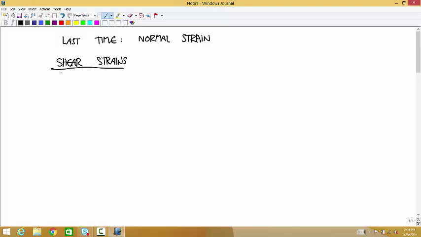And that means that there are length changes and there are also angle changes. The normal strains gave you the length changes. So now we're talking about the angle changes. So these shear strains produce changes in angle between the faces.